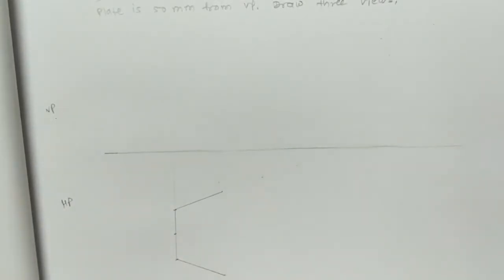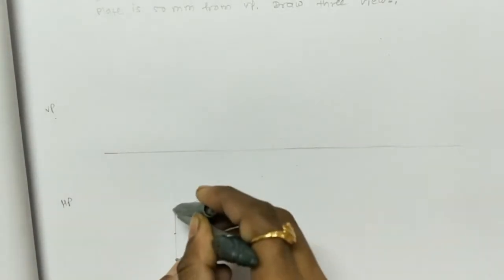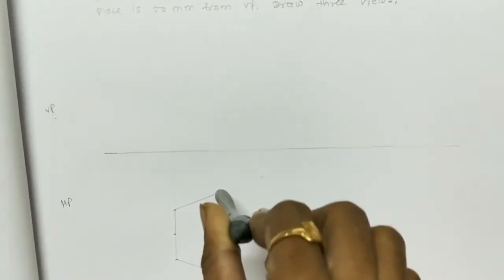And now we know how to draw the last point. For this, take 30 distance in the compass and draw an arc from both the points.